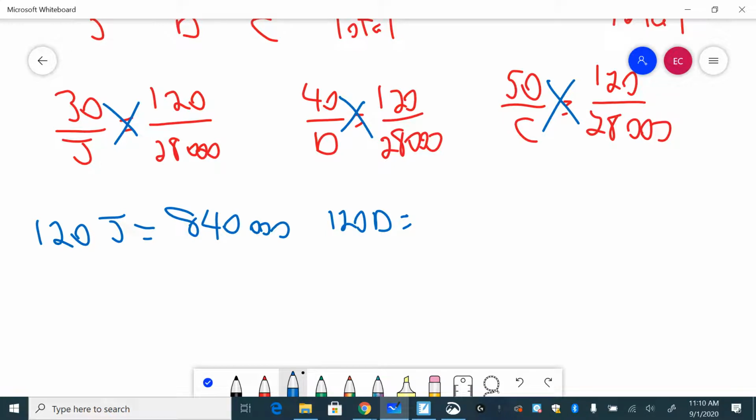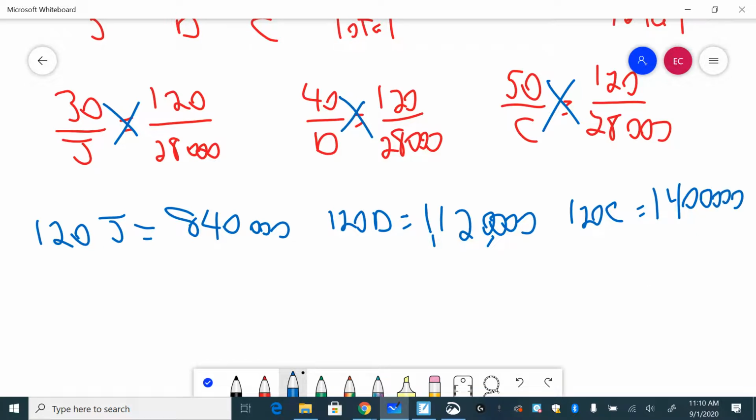So we've got 112 and then 4 zeros, which looks like 1,120,000. Okay, and then we've got 120C equals 50 times 28,000. All right, so 14 0, and then I've got 4 more zeros. 1, 2, 3, 4. Squish it in there.